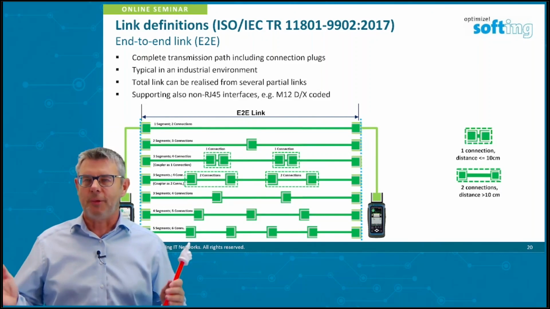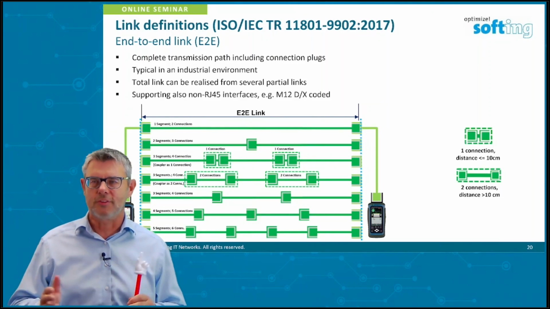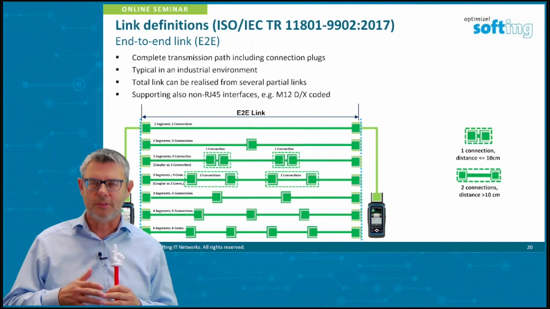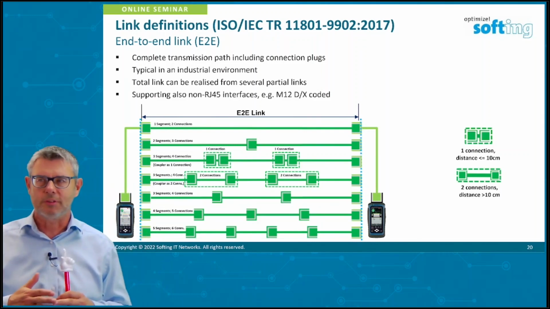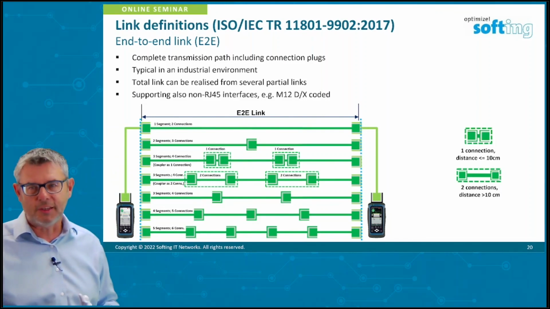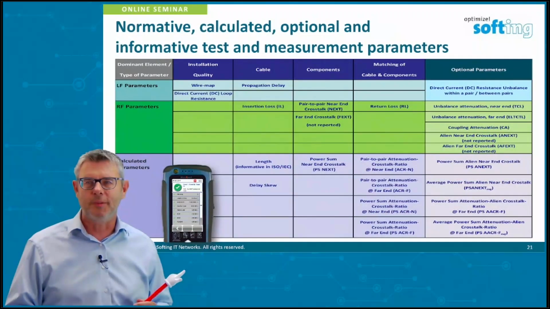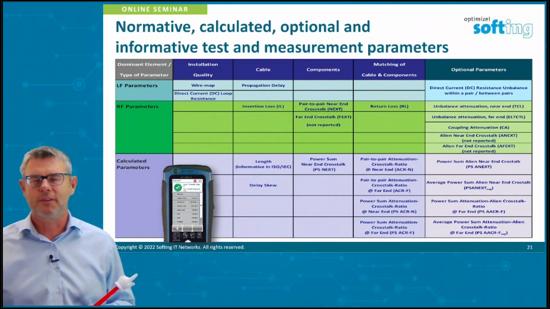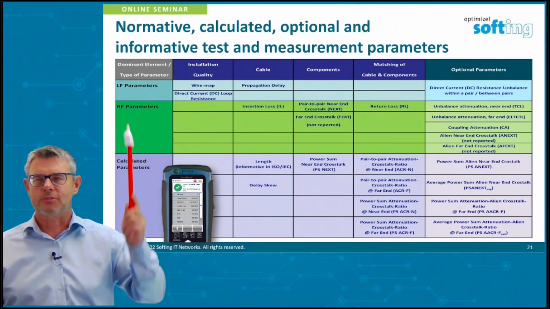Okay, now we talked about these link definitions, what we want to test. So we want to test basically in the office environment, we want to test permanent link. But what do we want to test? So let's have a look at the actual testing parameters. And if you look at the testing parameters, we can group them into 3 different levels here.